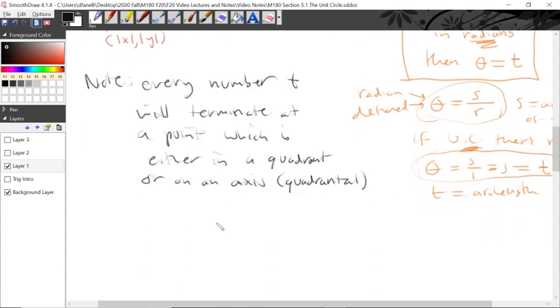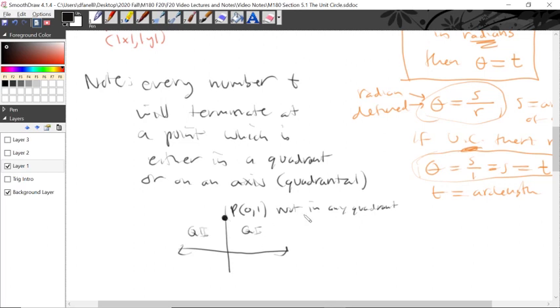So if you have a terminal point that happens to be, let's say, on the y-axis, let's say that this is our terminal point right here, that would be the point 0, 1, for example. That point right there is not in any quadrant. It's between quadrant 1 and quadrant 2, but not in either of those two quadrants.